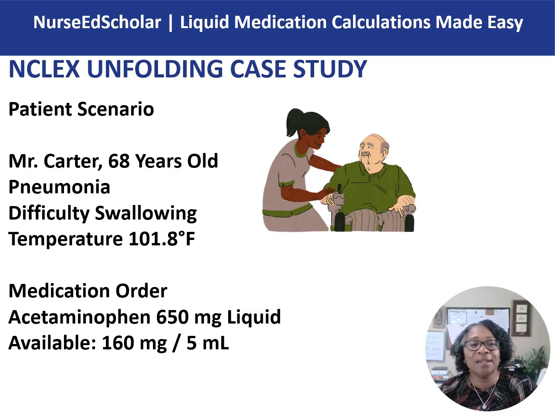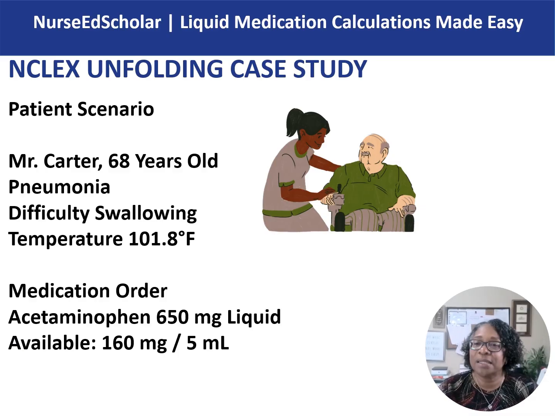All right, so let's look at an unfolding case study. This kind of brings what you may see in the hospital. So you have Mr. Carter. He is a 68-year-old patient admitted with pneumonia, and he's having some difficulty swallowing after a stroke. So the provider orders acetaminophen liquid for Mr. Carter's fever.